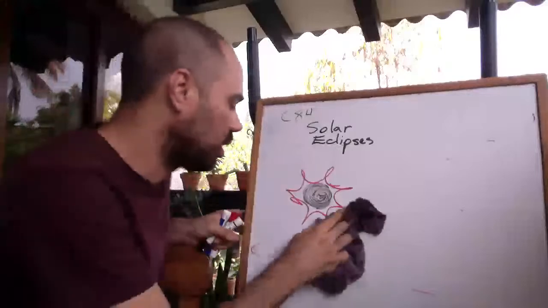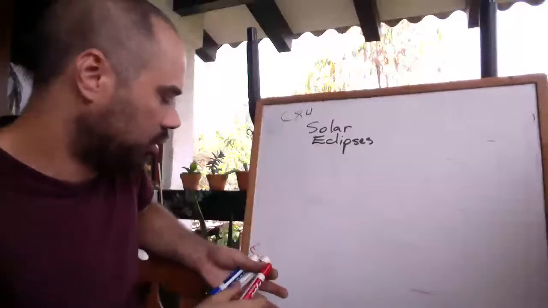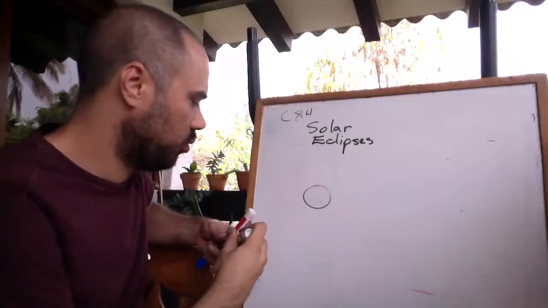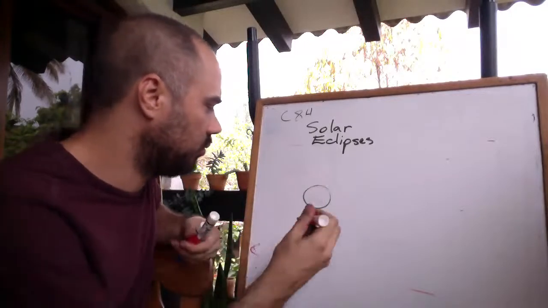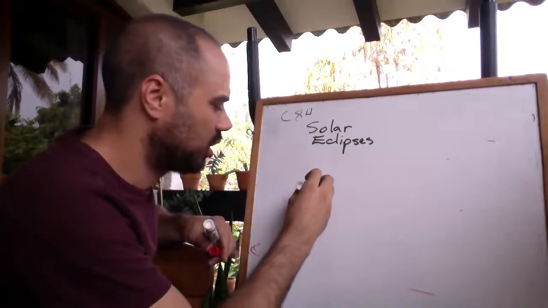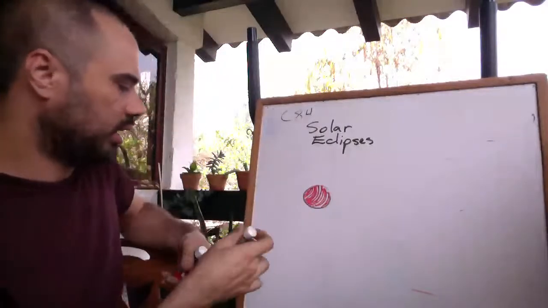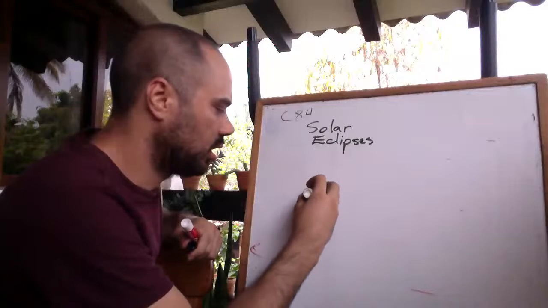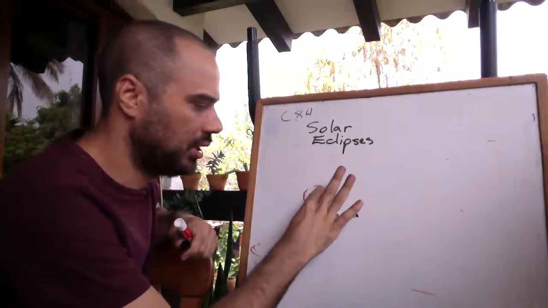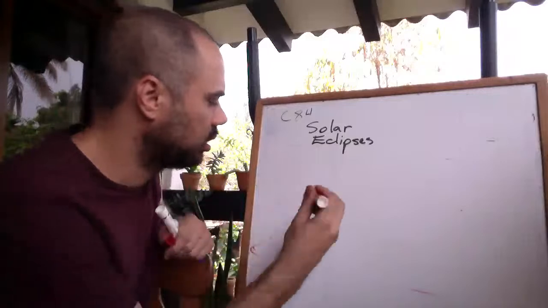And then the corona disappears, and little by little, we begin to get more and more sun, because the eclipse is finishing. It goes in the opposite direction. So the solar eclipse starts to fade away, and the sun goes back to normal.